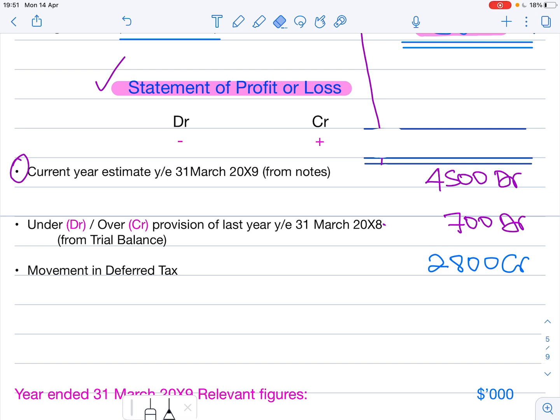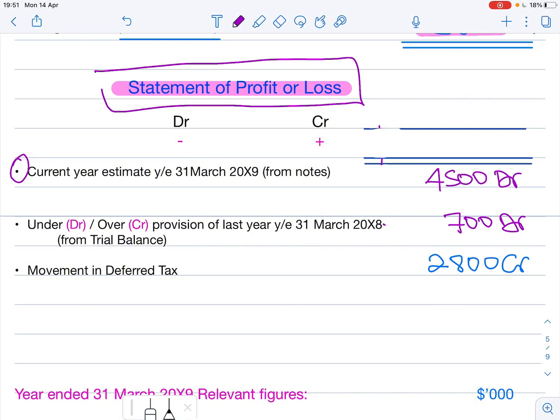So we want to tidy up what we have here at this point. So don't forget, there are two accounts here. We have an account for statement of profit or loss regarding the story of taxation. And for statement of profit or loss, there are up to 3 items that you could have regarding taxation. The first one is going to be current year estimates. And where would you find that?